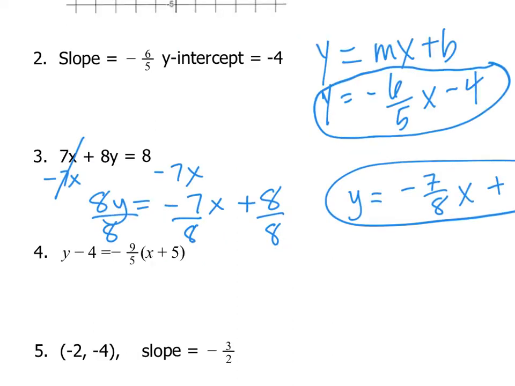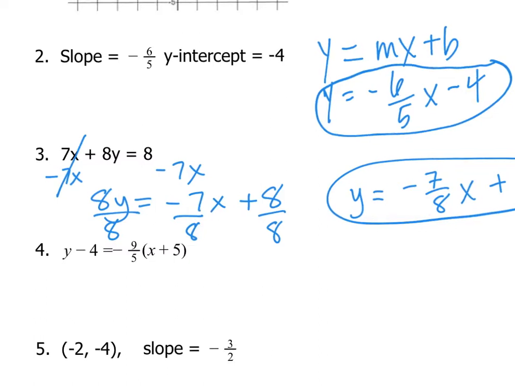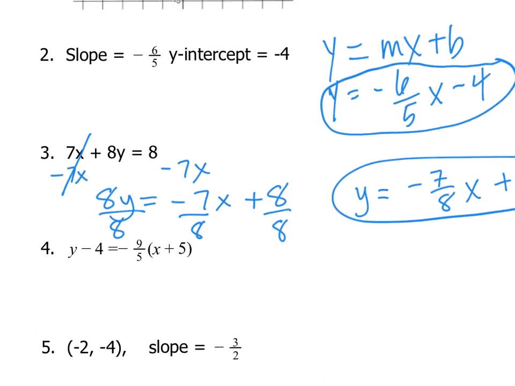So number 4 is currently in point slope form, and we need to put it in slope-intercept form. So the first thing that you're going to do is distribute, because again we have to follow the order of operations, and I see distribution, so I need to distribute first.